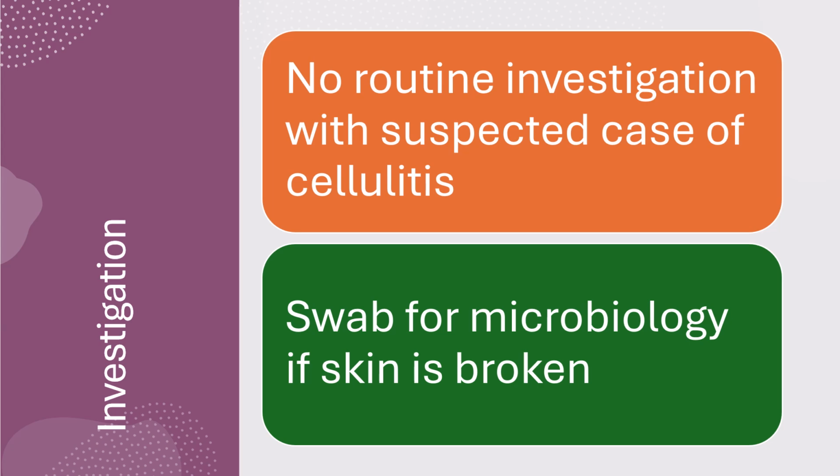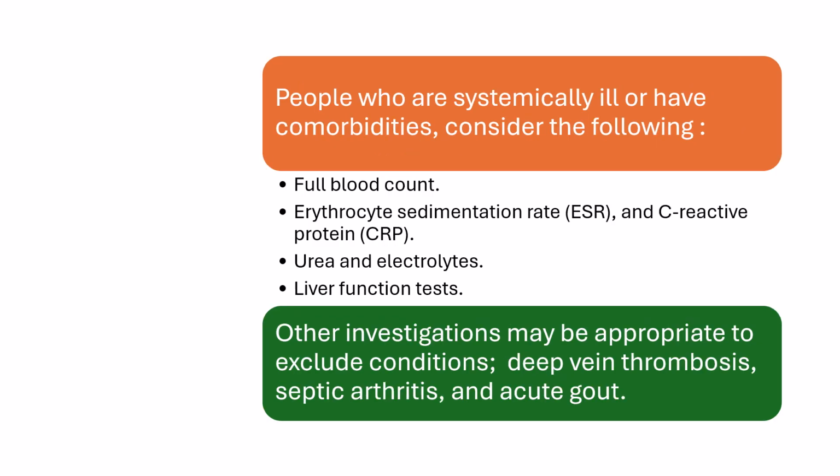However, if there is any break in the skin or any punctured wound, then we need to do a swab for microbiology, as we discussed in the previous slides that some organisms like Streptococcus pyogenes and Staphylococcus aureus can cause it. Sometimes, for people who are systemically ill or have comorbidities, we need to do full blood count, ESR, CRP, urea and electrolytes, and liver function tests. Sometimes to exclude other conditions, we need to do further investigations. The conditions could be DVT, septic arthritis, and acute gout.